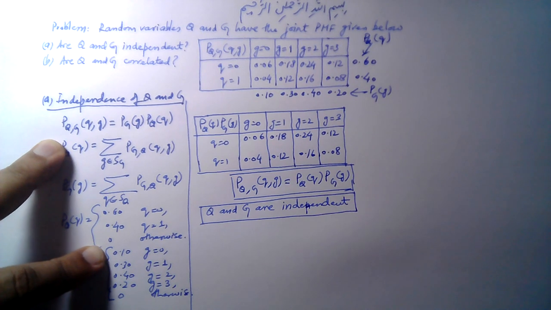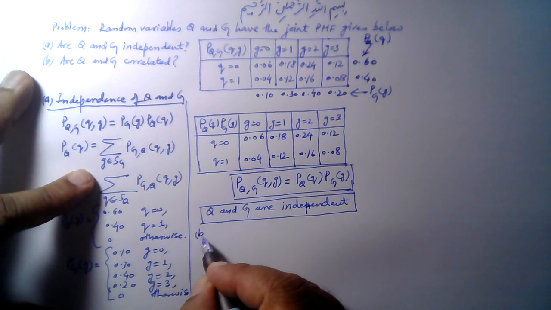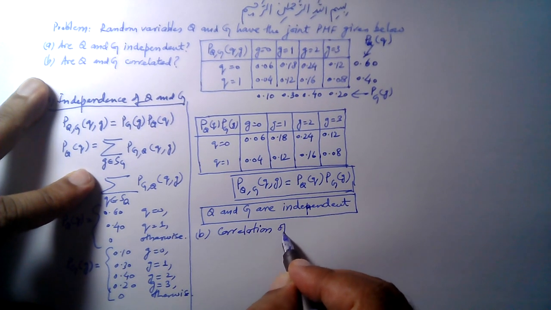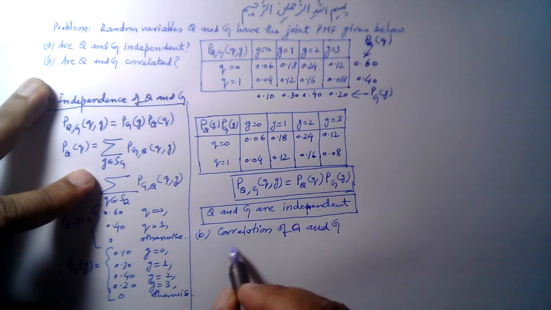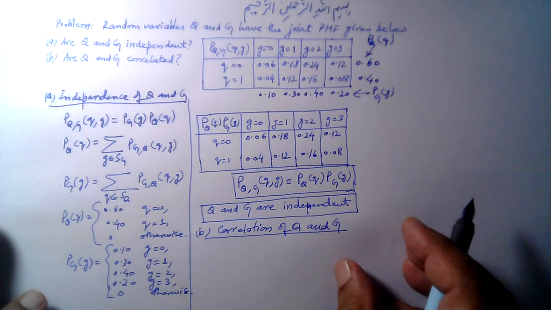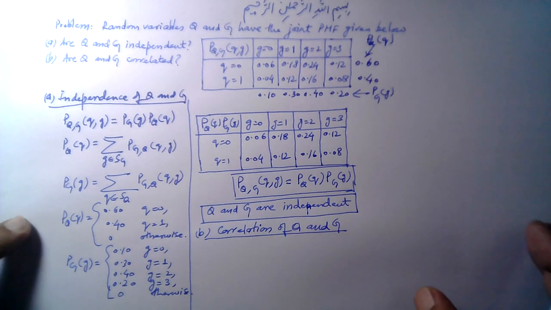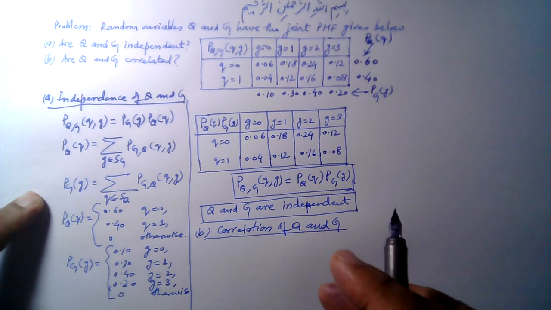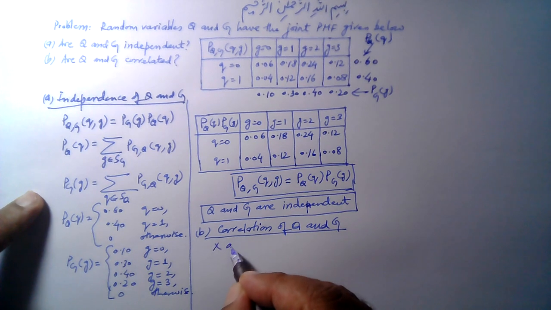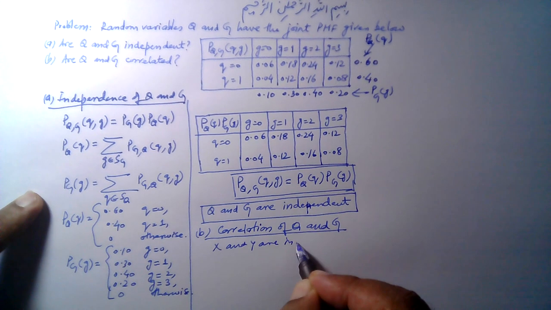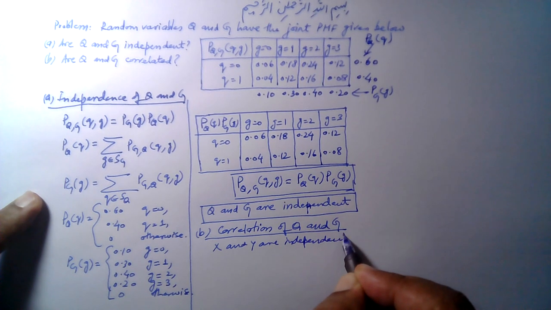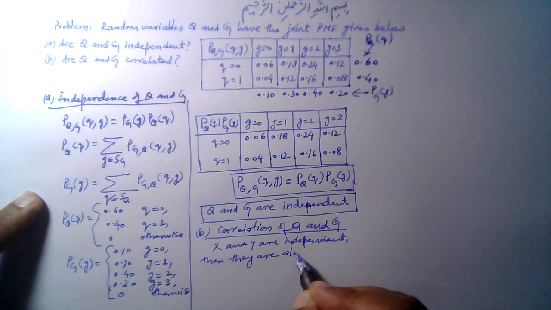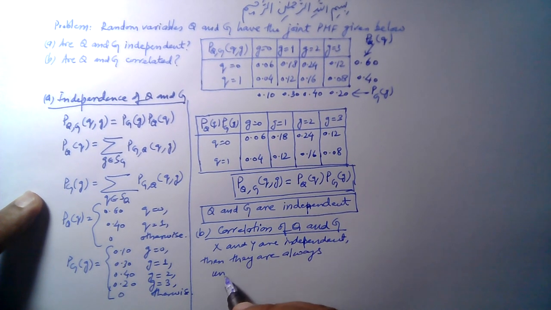Right? So the first part we are done with. Now with the second part, which is the correlation of Q and G. One thing that we must remember is, when two random variables X and Y are independent, then they are always uncorrelated.